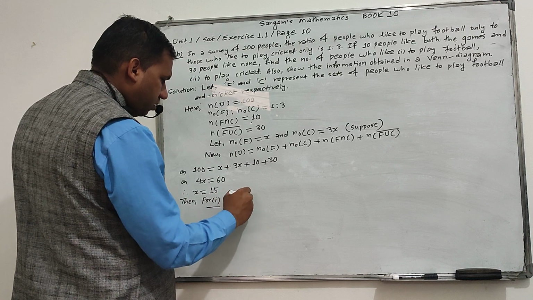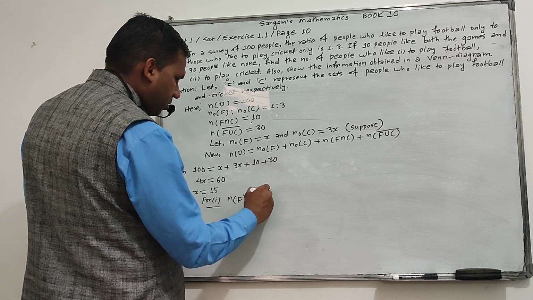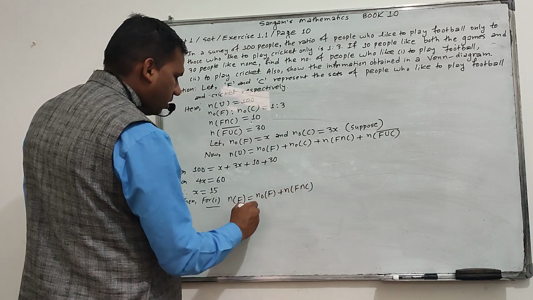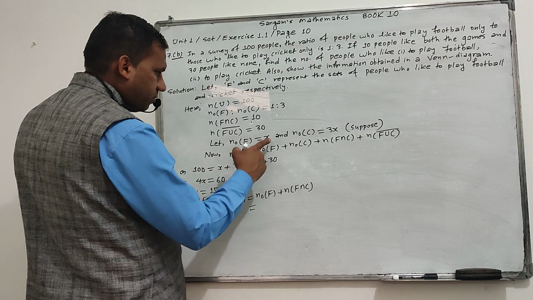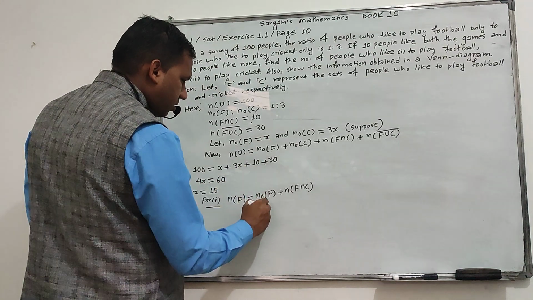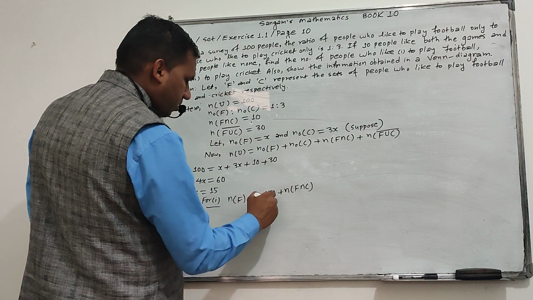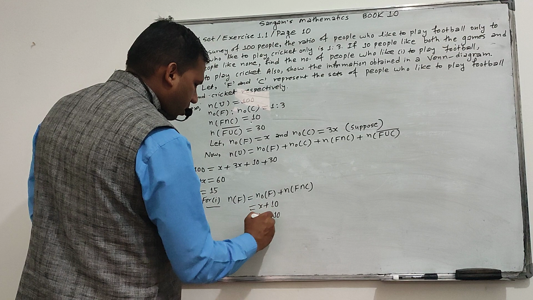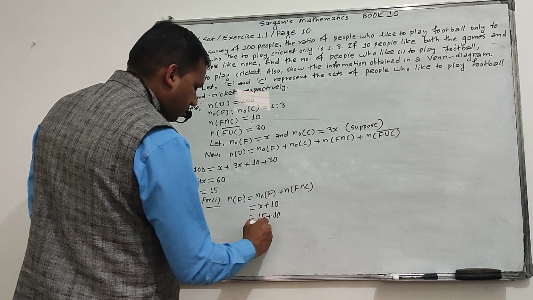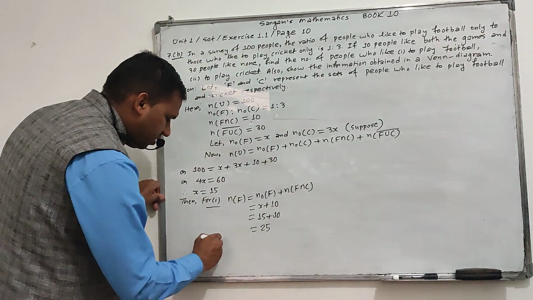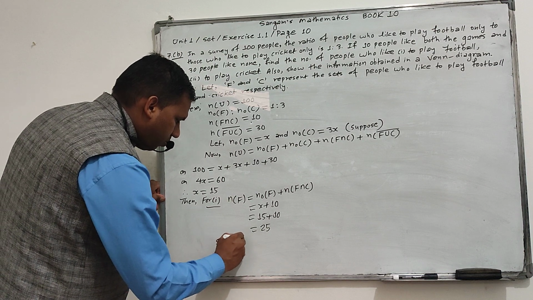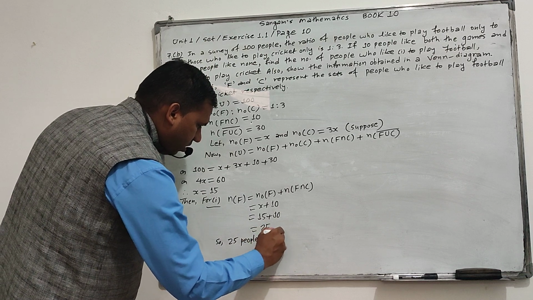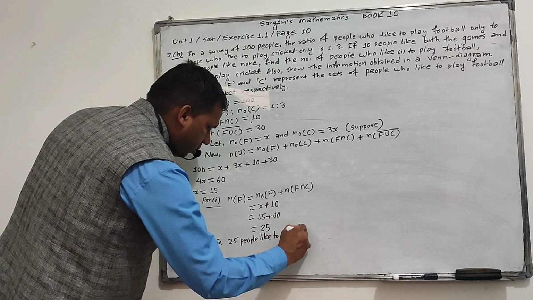Number of F equal to n naught F plus number of F intersection C. n naught F is x plus intersection part is 10. x plus 10, value of x is 15 plus 10, that is 25. So 25 people like to play football.